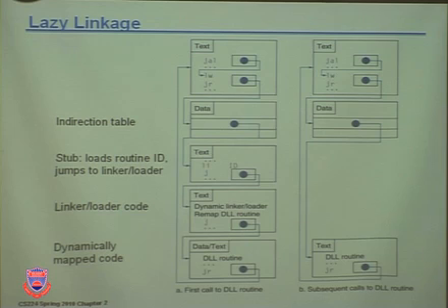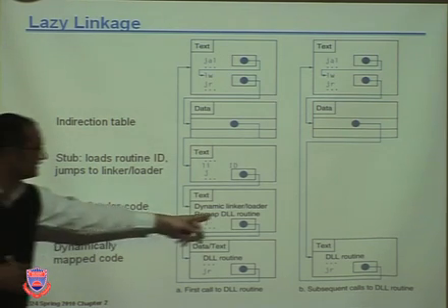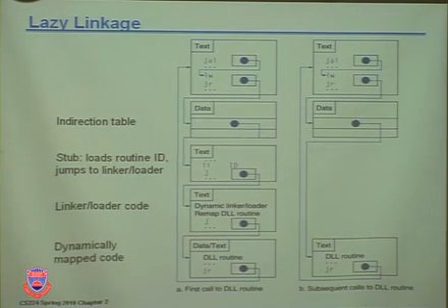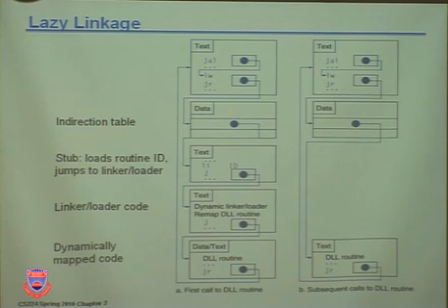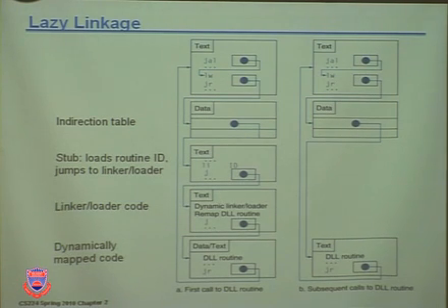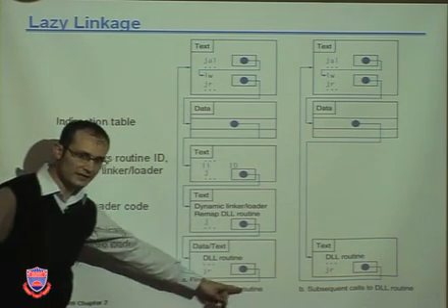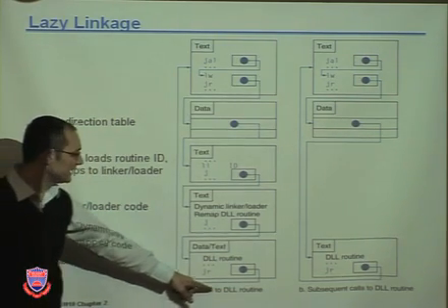Okay, now this is just showing an instance of a dynamic linked library. So DLL indicates dynamic linked library. That means, instead of static linking, you perform a dynamic link. So the left part indicates the first call to a DLL routine.